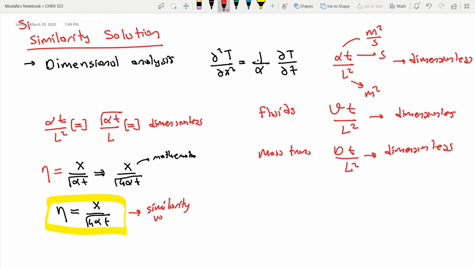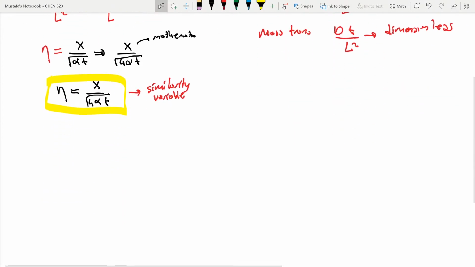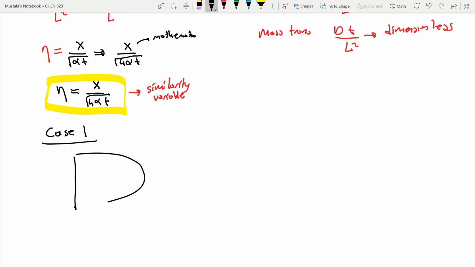Okay. So now I'm going to focus on one of the cases, case 1. Let's talk about case 1. In case 1, what did we have? We have a semi-infinite object. So this is the x direction, the positive x direction.